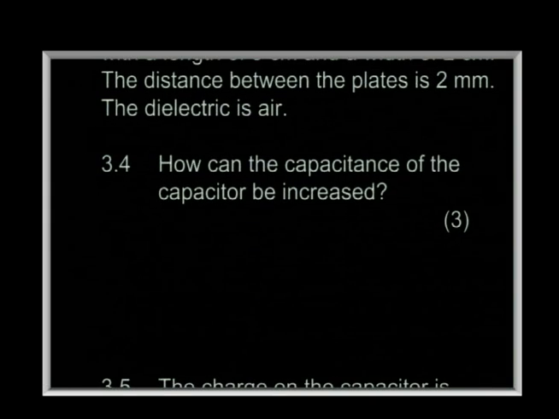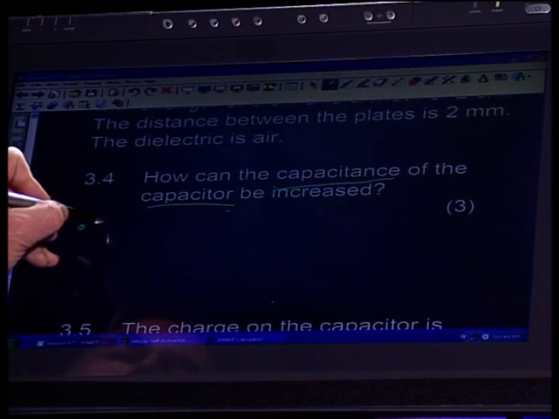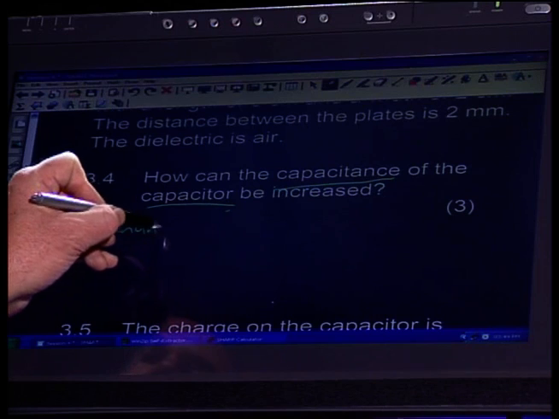So now we need to ask this thing, how can the capacitance of the capacitor be increased? Now, we're asking things to make the capacitor different. And there are a couple of things that you can bear in mind here. And the first thing that we've illustrated is you can change the dielectric.